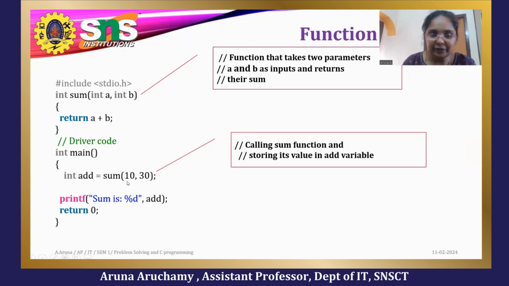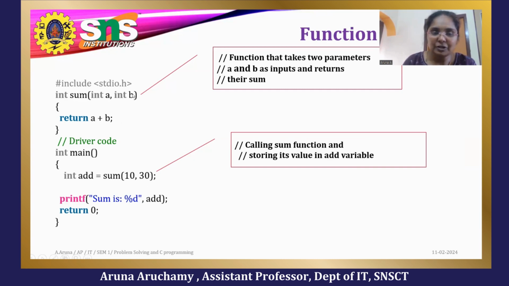So after executing this particular statement, the compiler automatically moves to the function definition along with the two parameters, that is 10 and 30. So those parameters in the definition are called formal arguments. A has 10 and B has 30.